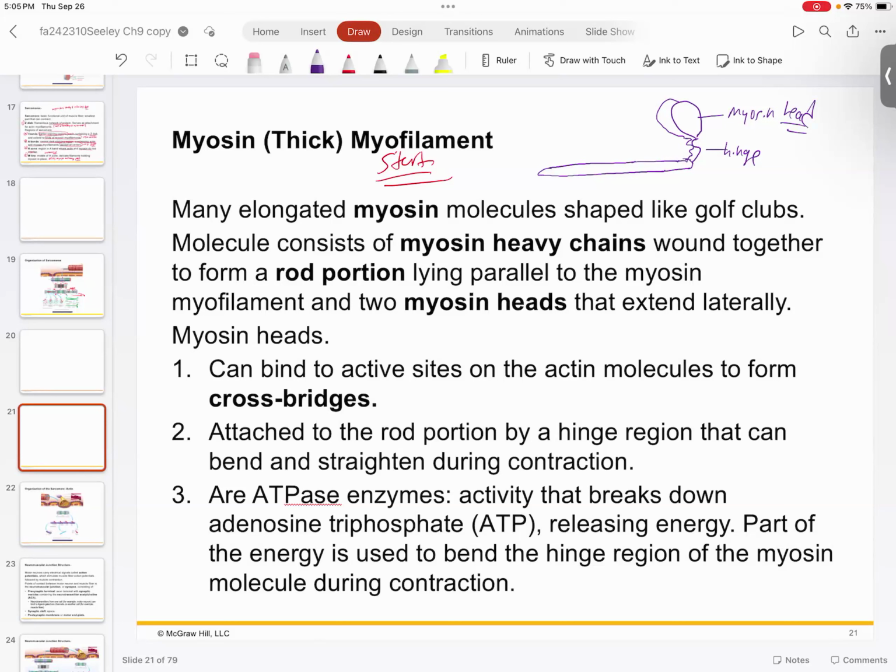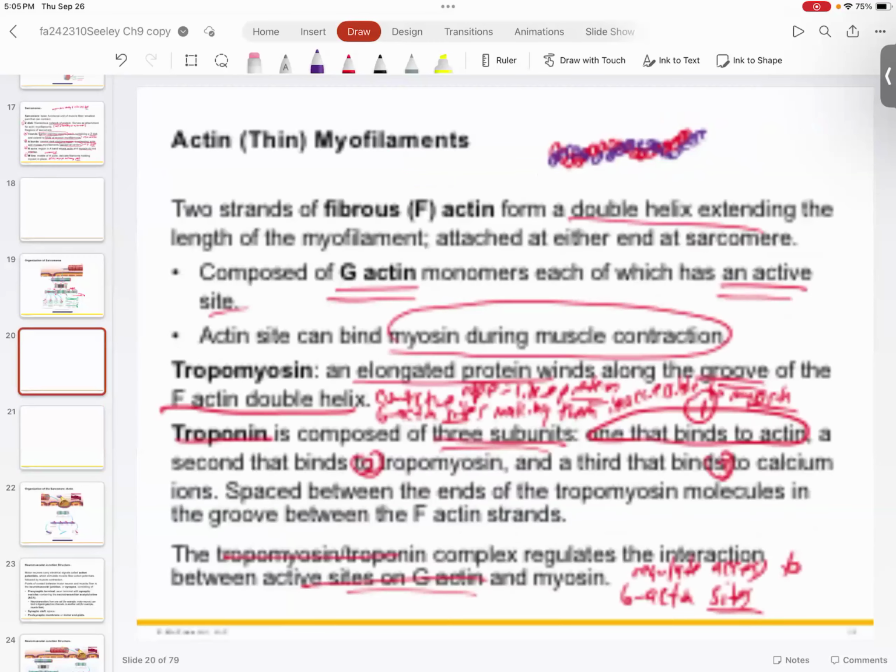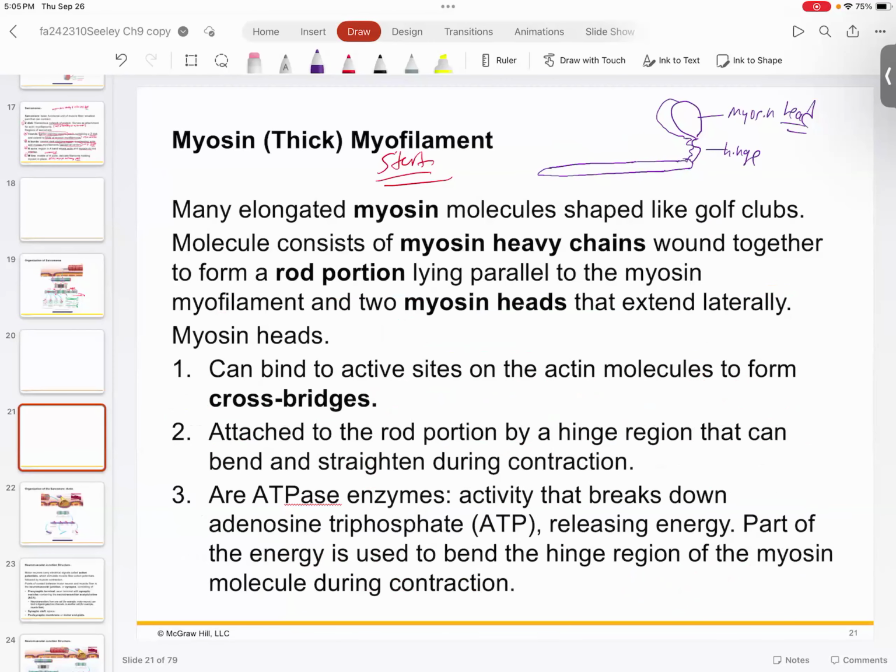But here's basically how a motor protein works. A motor protein will have basically a couple of major domains. Typically what they do is they essentially walk along microtubules. So a microtubule is essentially like the track on which your motor proteins will walk.